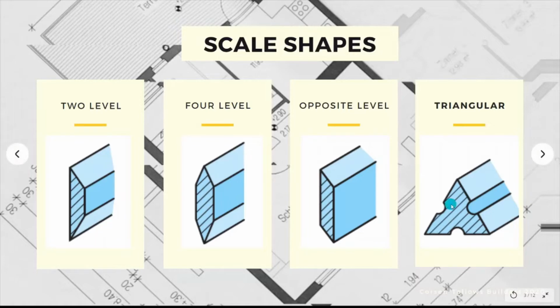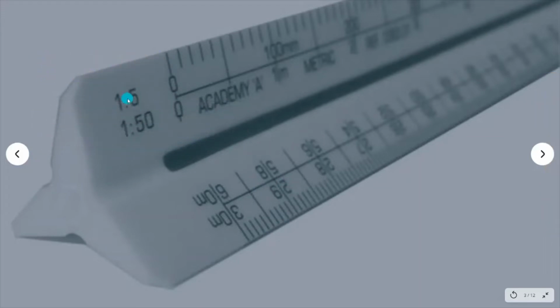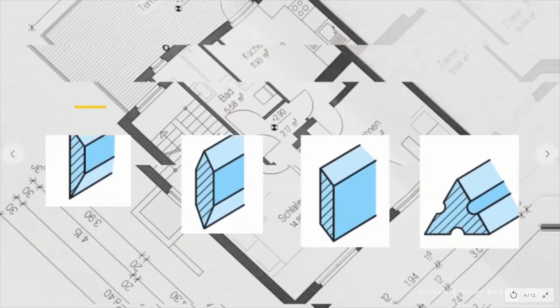So ang triangular scale, as makita nato sa past slide, naay sa each niya nga corner kay naay mga dimensions ana, o magdepende po na unsa nga scale ang gamit ana, unsa nga size nga ratio niya.